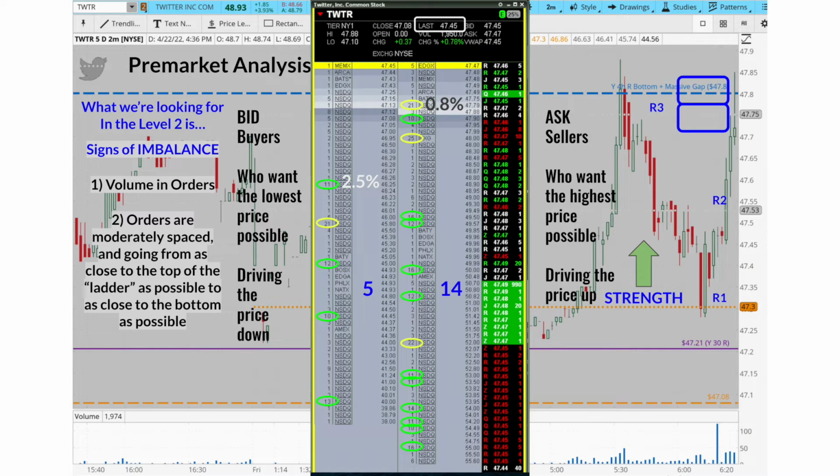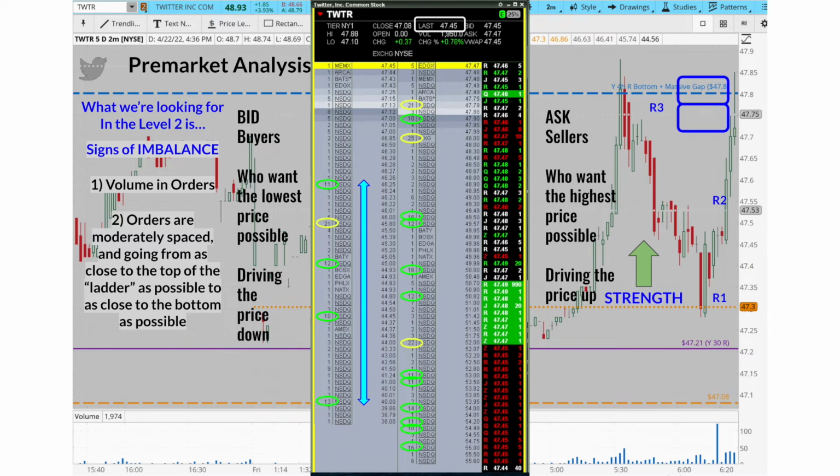We want imbalance. Imbalance means there are orders all the way at the top of this quote ladder and all the way at the bottom of this ladder. And as you can see, all the way down here. So you can see the difference here. Here's the largest spacing on the ask side, and as you can see, it's considerably smaller than the largest spacing over here. It's way bigger, and even bigger than this spacing here, right?